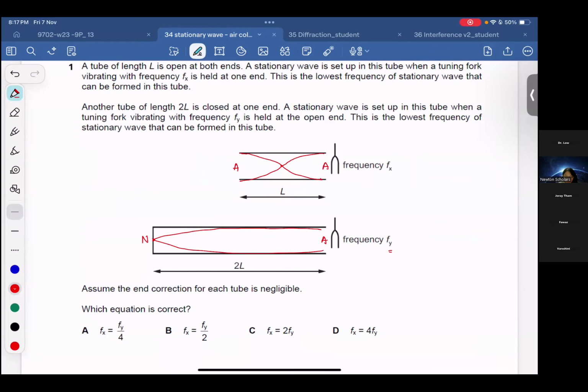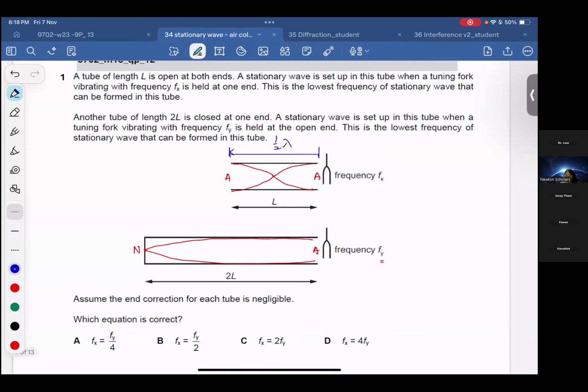How are we going to find the relationship between Fx and Fy? They want to find which equation is correct. From here to here, how many wavelengths? It is half a wavelength, am I right?